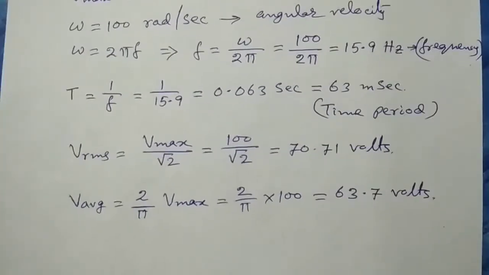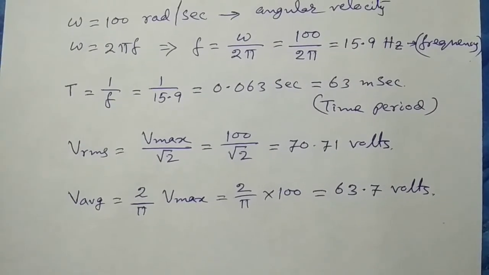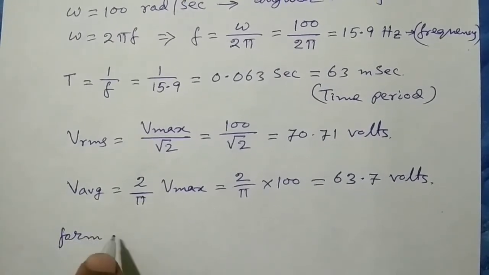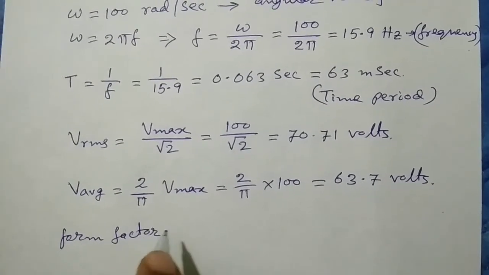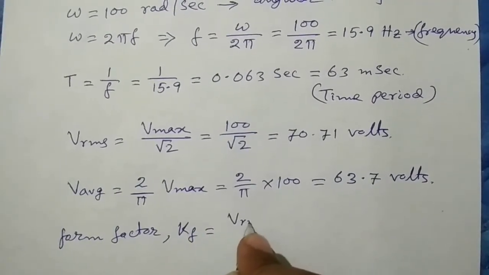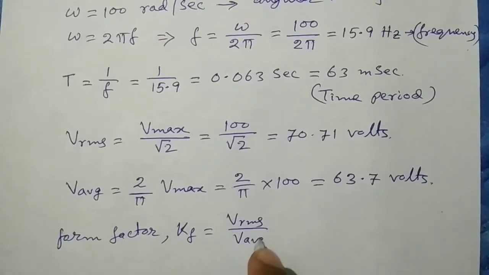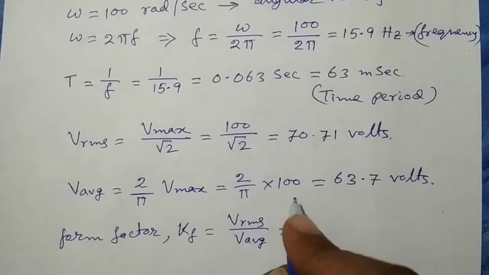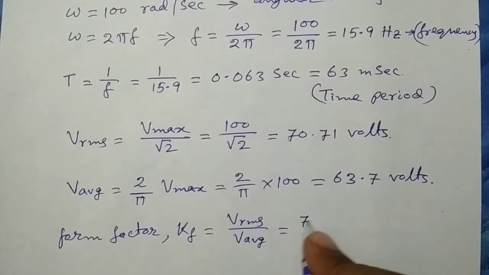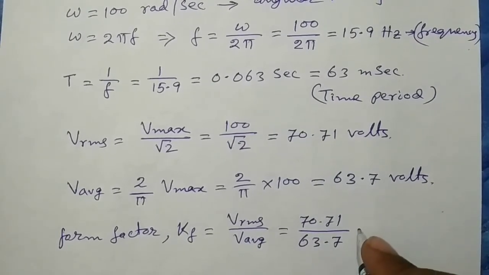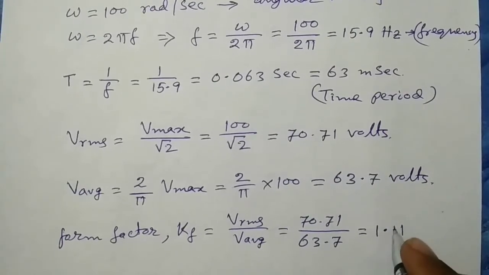Now once we calculate the RMS value and the average value, then the form factor will be the Vrms upon V average. So Vrms is 70.71 and V average is 63.7. So finally it will be 1.11.